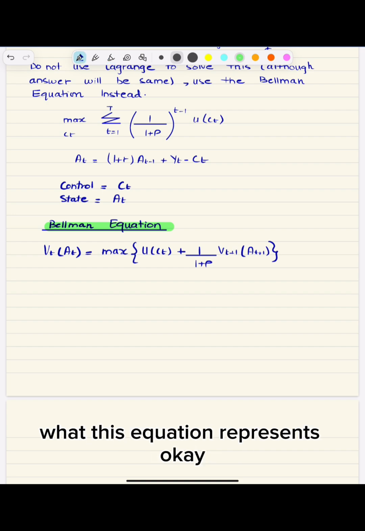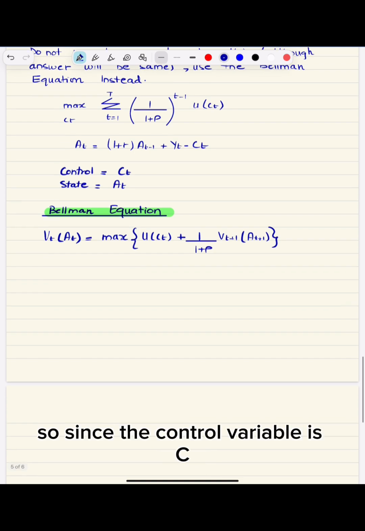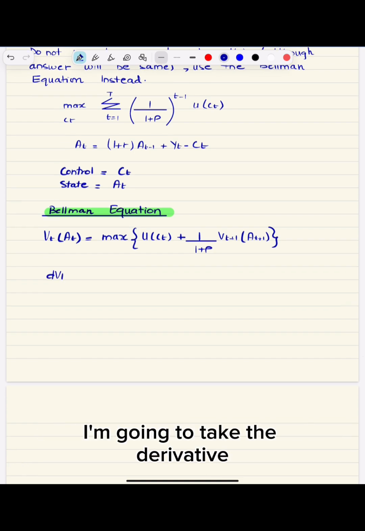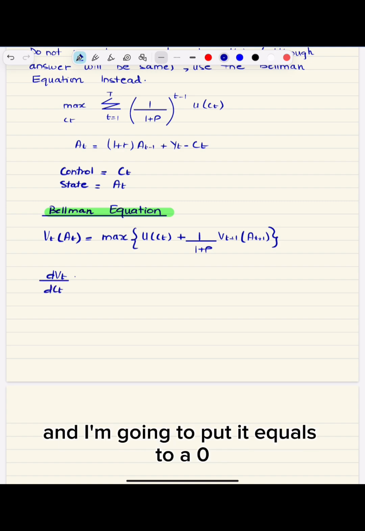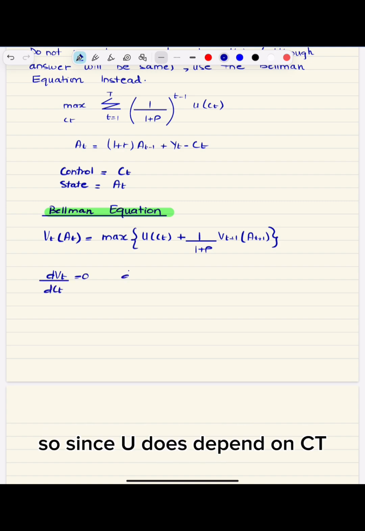Okay, so since the control variable is c, I'm going to take the derivative initially with respect to c_t, and I'm going to set it equal to 0.